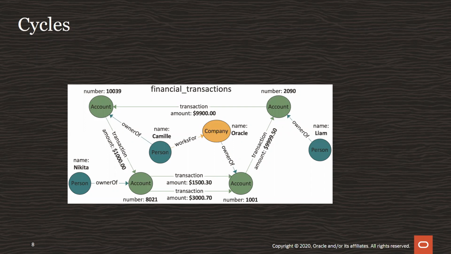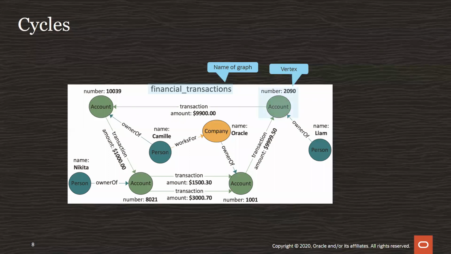How can we get to know more details from a graph perspective, or from an Oracle graph perspective? We have the name of the graph, financial transaction. So a graph is basically establishing the relationship between the vertices and the nodes. In this particular example, the account name is the vertex of the graph.